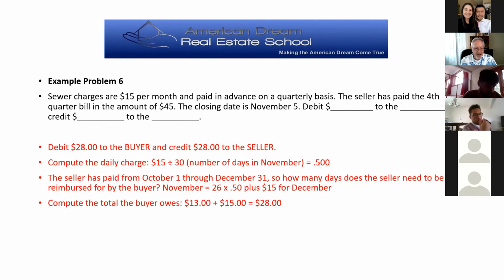Are you with me? You follow me here? So we got to figure how many days. November is going to be 26 days. That's the time from the 5th through the end of November, 26 days.